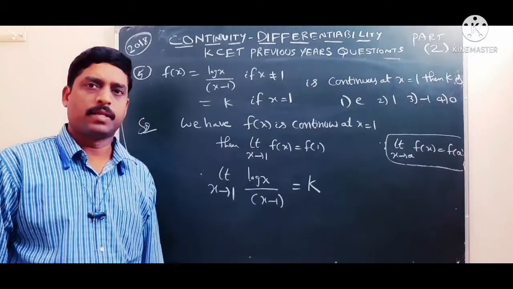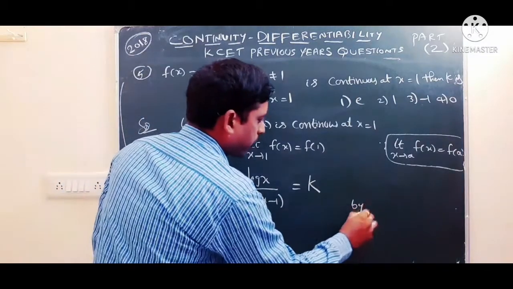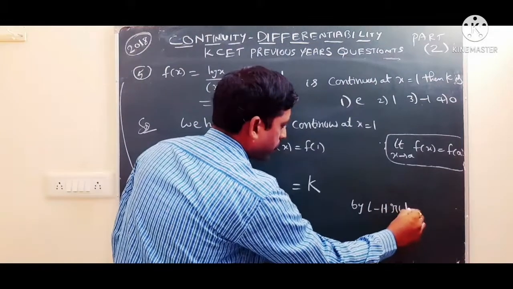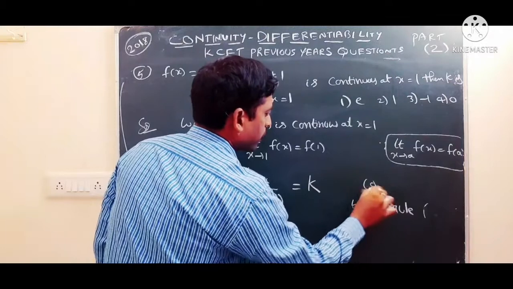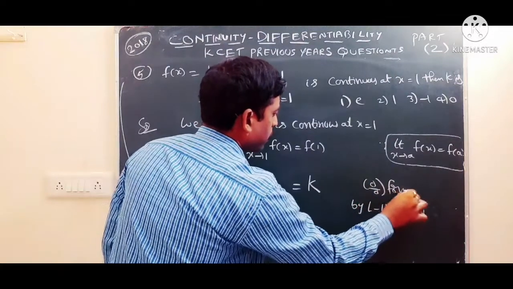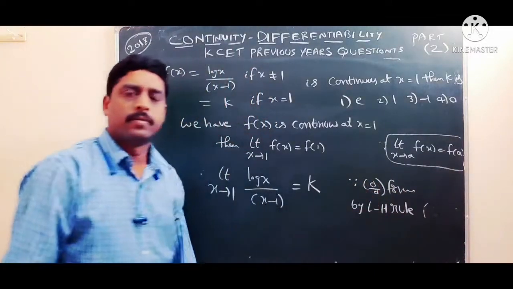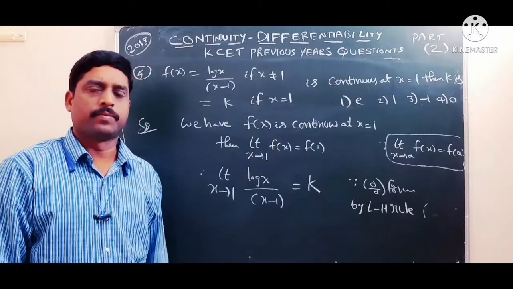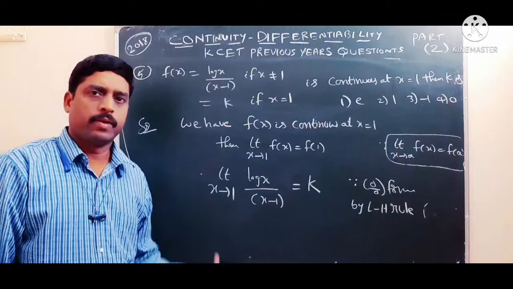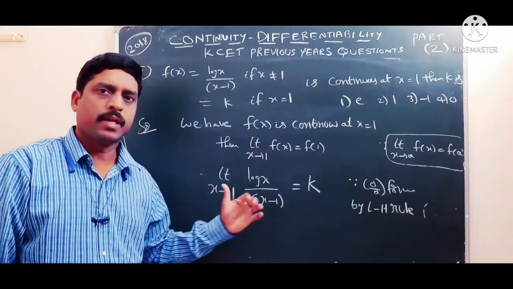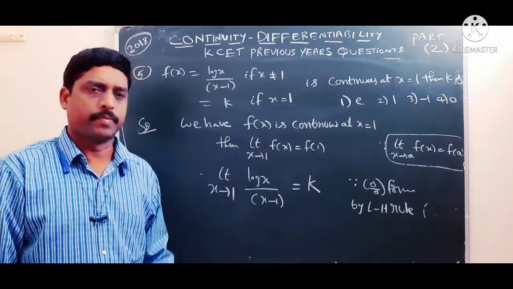So by using the L'Hopital rule, because this is a 0 by 0 form. What is the L'Hopital rule? We should apply the derivative on the numerator as well as the denominator at a time.